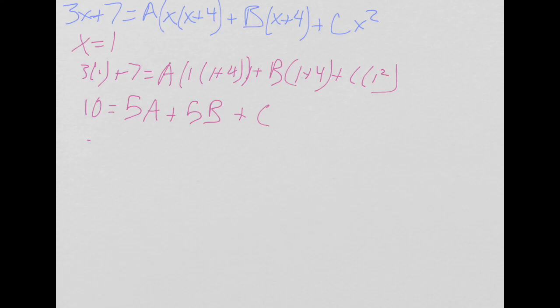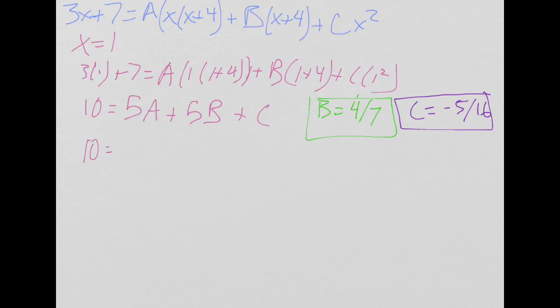But don't forget, we know a, b and c, so let's substitute those values in and start simplifying to find a. So 10 equals 5a plus 5 times b. Well, b is 4/7, so we're going to get plus 20 over 7 plus c is negative 5 over 16.